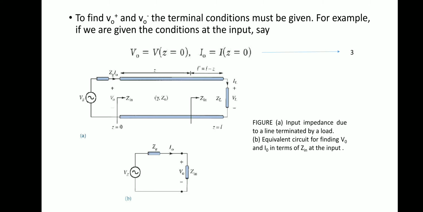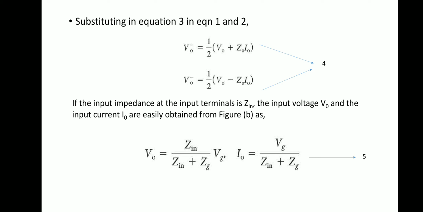This is equation number 3, the terminal condition at the generator side. After solving, we get V0 plus as half of V0 plus Z0 I0, and V0 minus as half of V0 minus Z0 I0. The steps are the same as those we discussed in the derivation of voltage and current distribution of a transmission line terminated with a load.